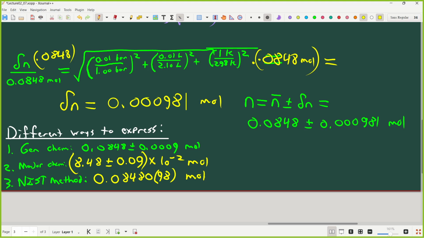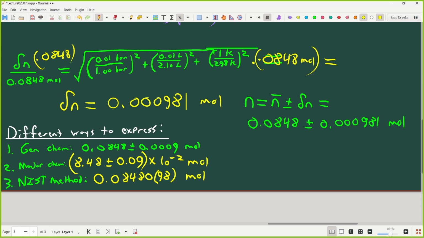This means we have 98 in the 100,000ths place of error. So this value will vary 0.08480 plus or minus 0.00098. This 98 modifies the digits at this decimal place, if you will. This one modifies this one.